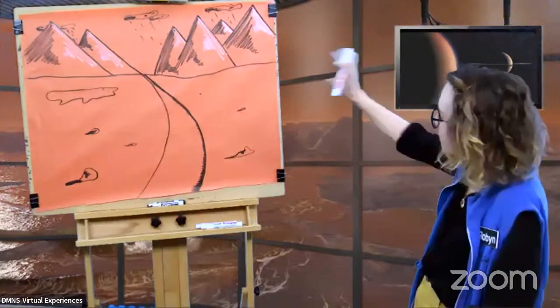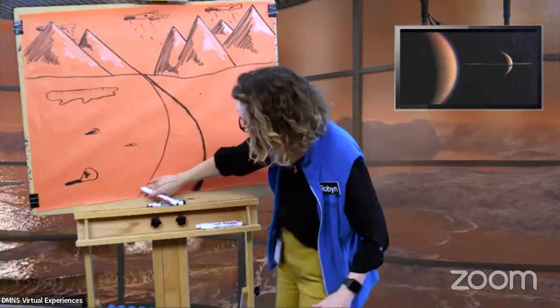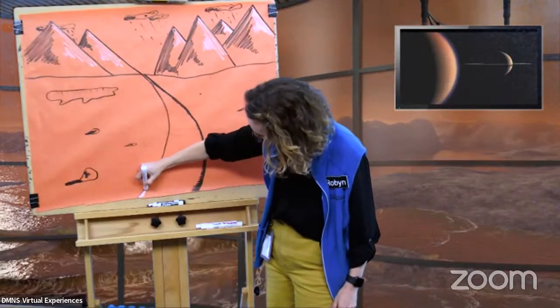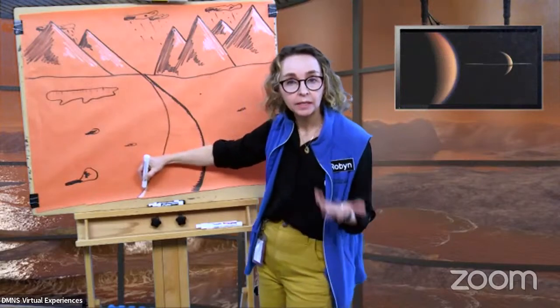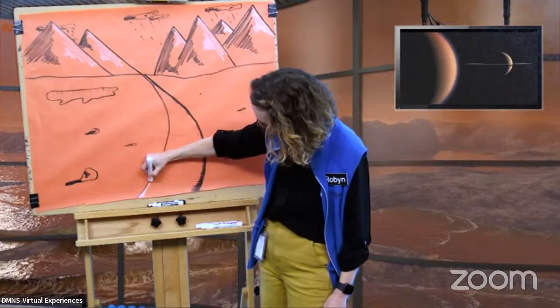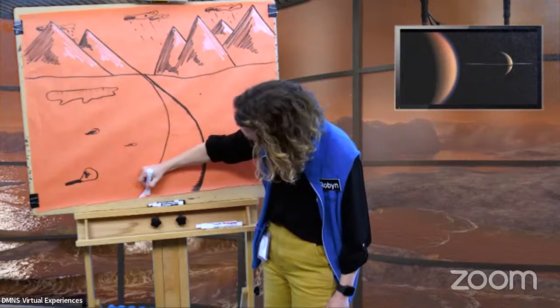All right, so the next piece that we did was the river. So we're going to add our highlight on this side. And some of the riverbeds that they saw and were able to analyze later were dry. Do we have dry riverbeds here on Earth? Yeah, sometimes.